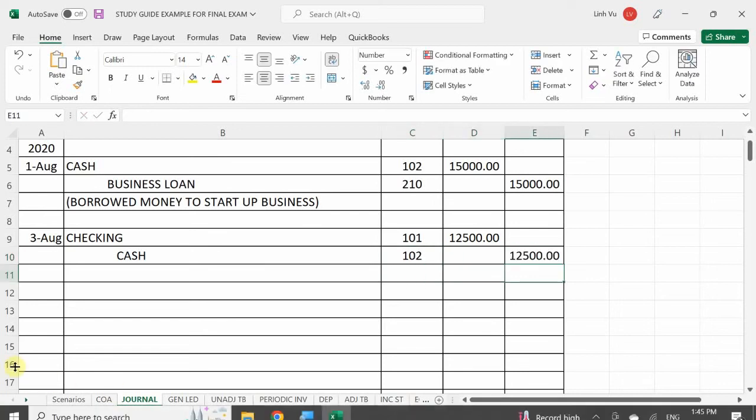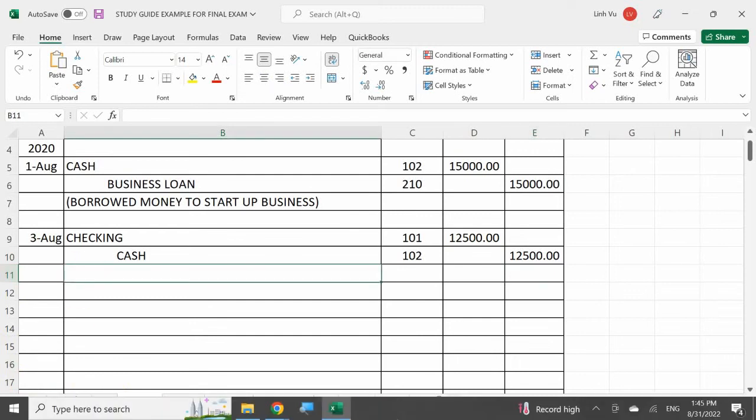Okay, deposit cash into banking account.